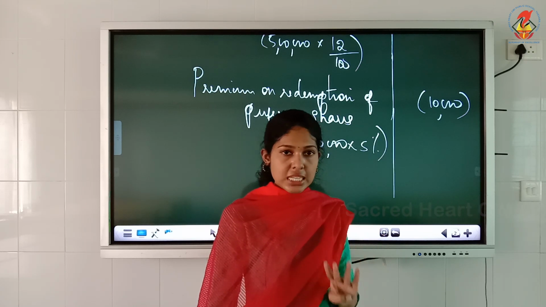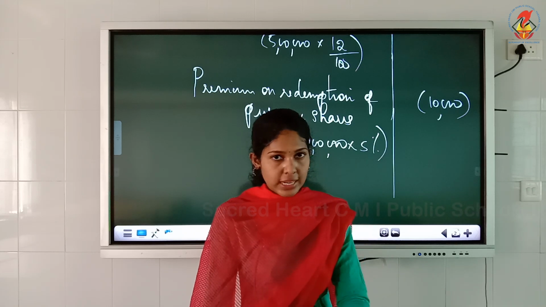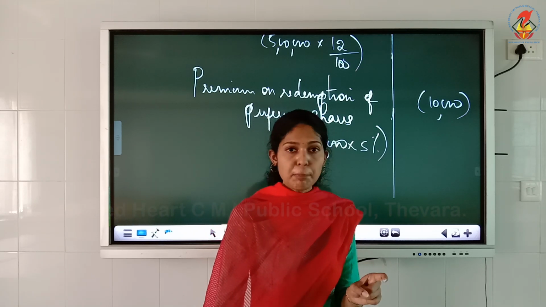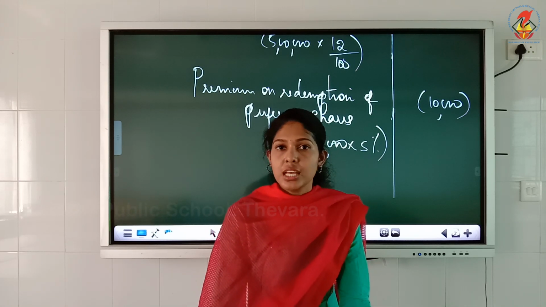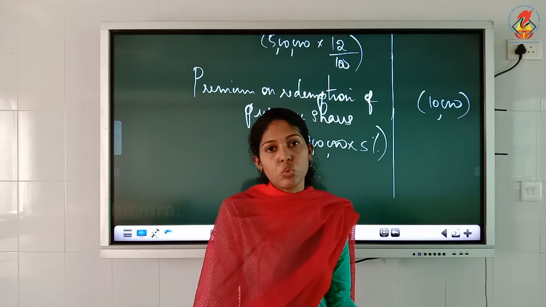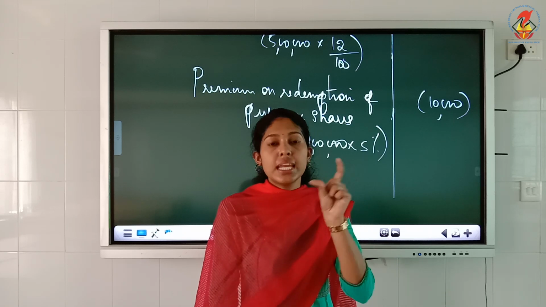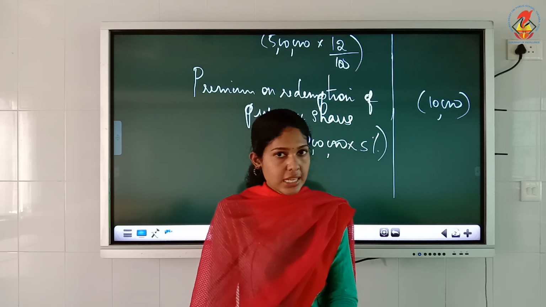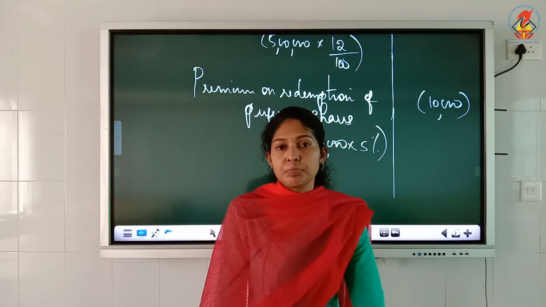Then 12% debentures, we considered the additional issue 1 lakh, but did we consider that 12% the rate of interest? No, we haven't considered yet. So that interest of 12% now we have to pay. Understood? 12% means it is the interest. On debentures, the return is referred as interest, and on shares it is referred as dividend.